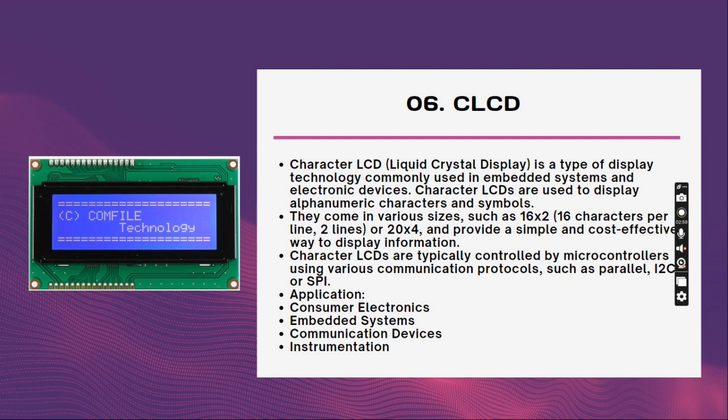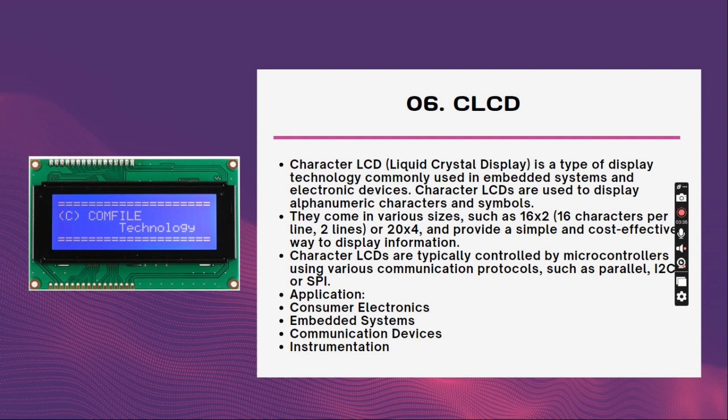First is alphanumeric display: it can display characters like letters, numbers and symbols rather than graphics or images. It has a limited resolution. We have a fixed grid size, typically 16 by 2 or 20 by 4 or similar configurations, with a limited number of characters. It is monochrome. Mostly character LCDs are monochromatic, that is, they display characters in only one color, often blue or green. It has low power consumption.